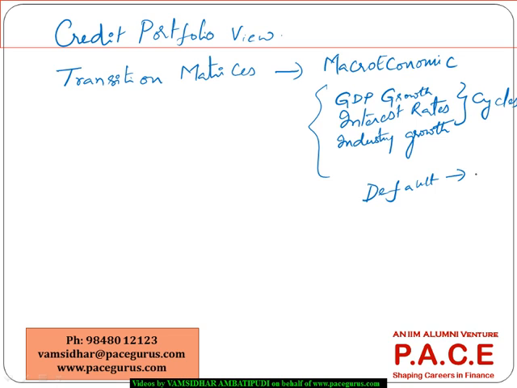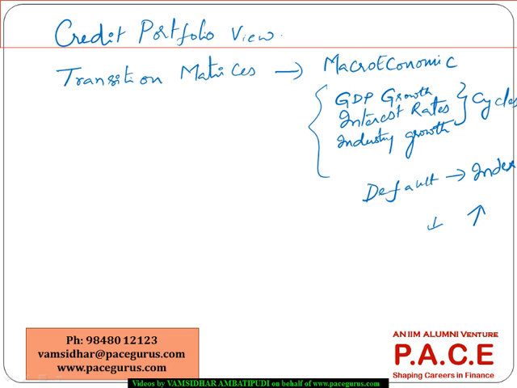purely based on the index. What could happen is if the index is high, probably the default rates are much lesser and vice versa. So depending on how the economy is at a particular point in time, we are trying to say whether the credit VAR would be higher or lower.